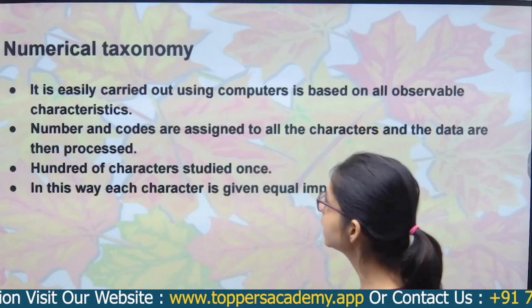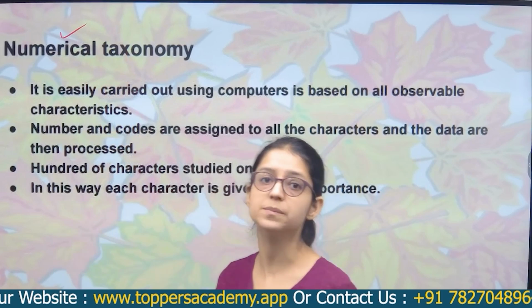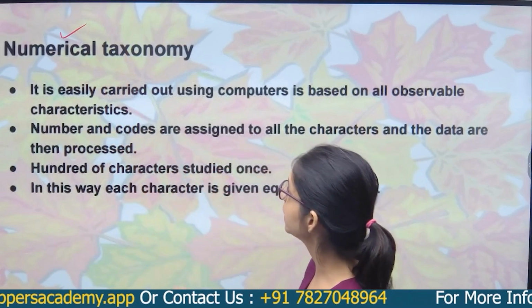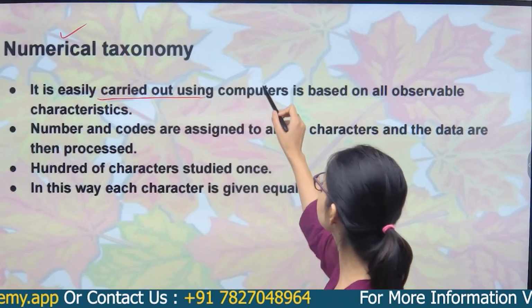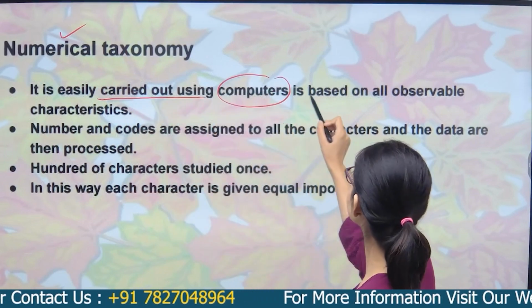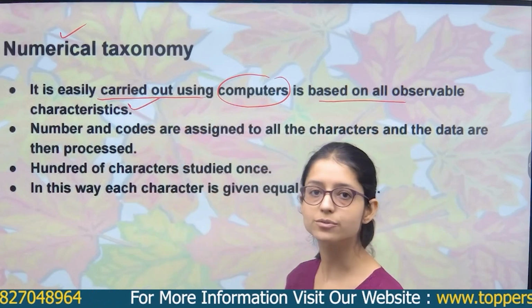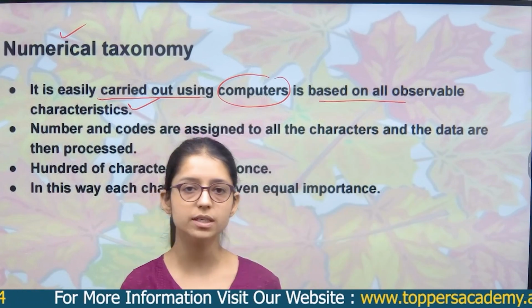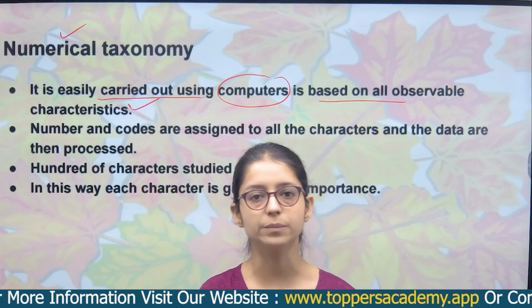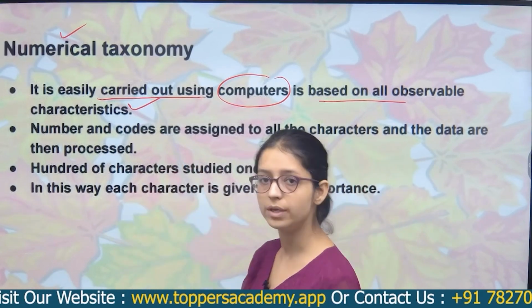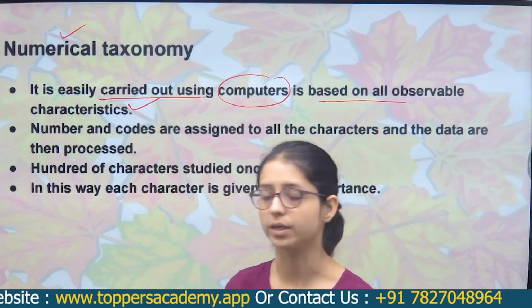So first is the numerical. Numerical means number, or you can say code. In this taxonomy, it is easily carried out by using computers and is based on all observable characters. Any characters on the plant you can easily observe, so you can feed the data into the computer.